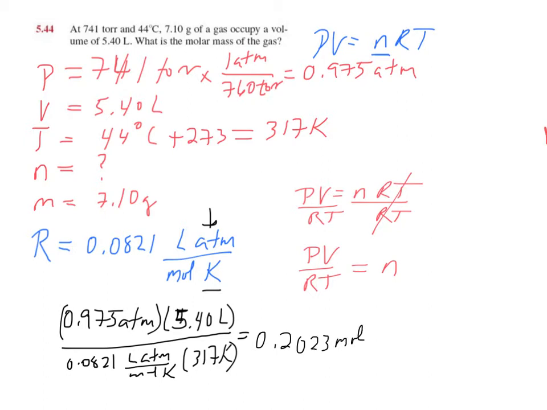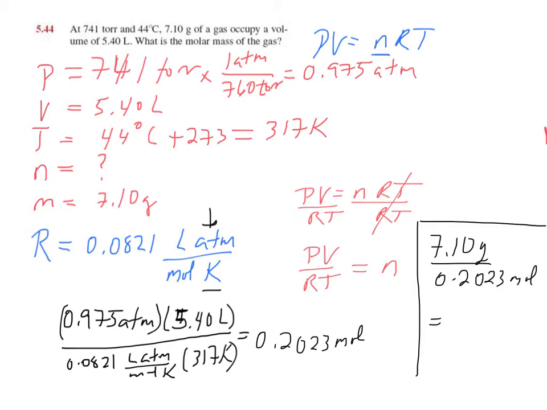Now I'm going to carry one extra sig fig here just to make sure that I get my most accurate possible molar mass. So once I've got the number of moles, I finally take my number of grams and divide that by the number of moles. So 7.10 grams over 0.2023 moles gives us a value for molar mass of 35.1 grams per mole.